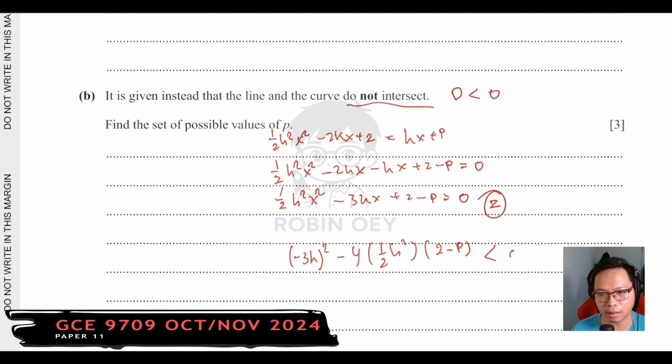This must be less than 0. Yeah, so the discriminant must be less than 0. Now I just open the bracket. Okay, so we have 9k square minus 4k square plus, excuse me, 2k square p less than 0.